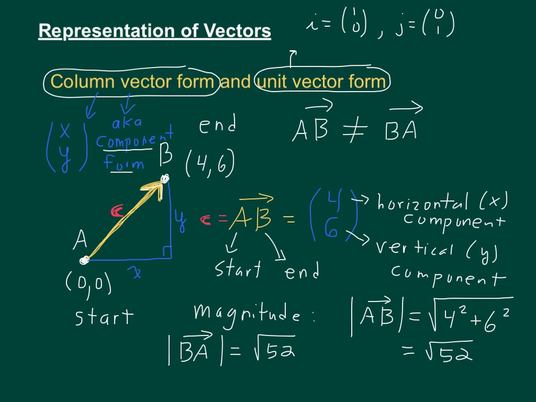That's why it's called a unit vector. This is really the vector (1, 0). So the x component is 1, the y component is 0. This would be a vector that is exactly 1 unit to the right. Okay, so there's really a distance of 1 there. Whereas j, we define this as another unit vector. So again, a vector with a length of 1, but this would be exactly 1 unit in the positive y direction.